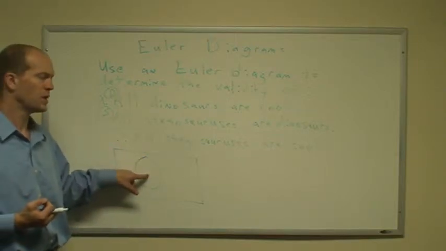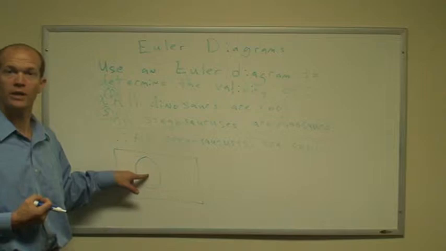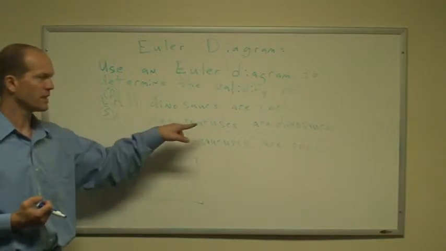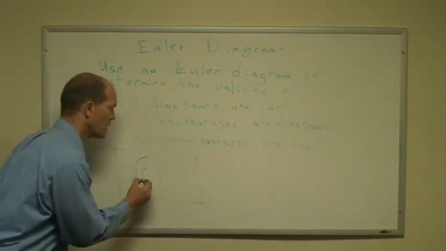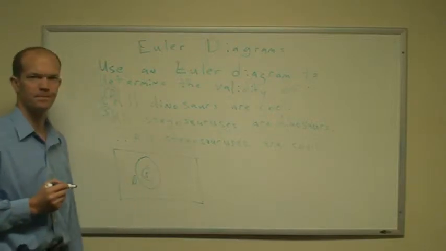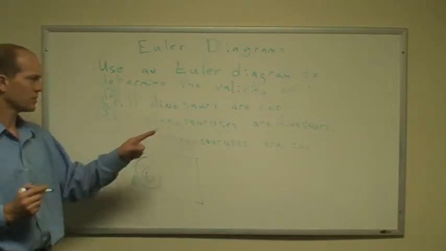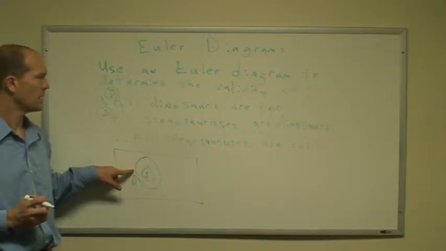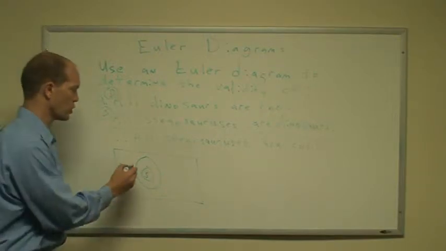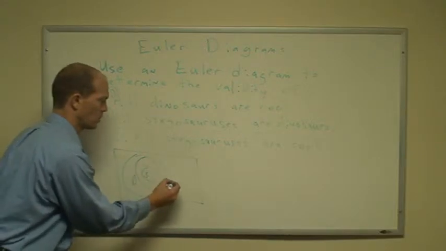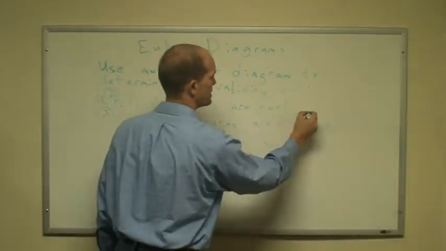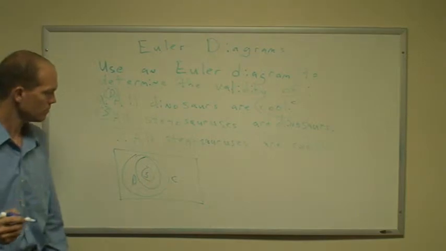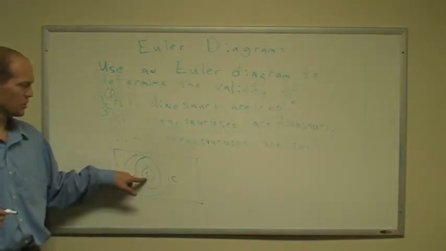All dinosaurs are represented within this circle here in the Euler diagram. Since all stegosaurs are dinosaurs, they must be included in here. Again, all stegosauruses being dinosaurs must be included in this set of dinosaurs. Since all dinosaurs are cool, we'll put that as set C, and all stegosauruses are dinosaurs.